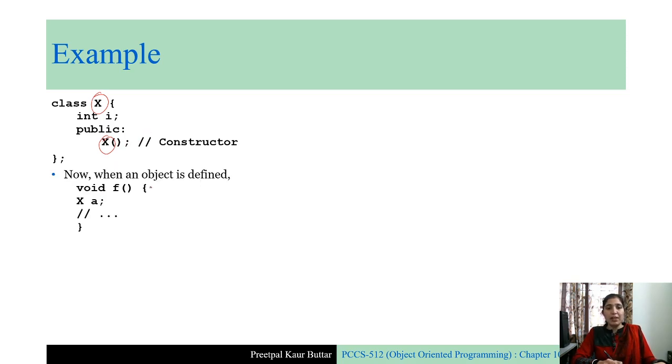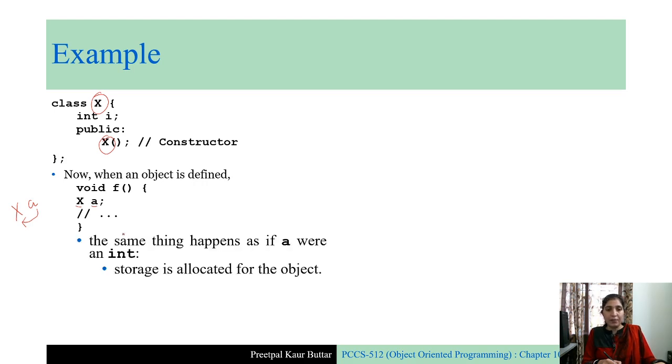And when you create an object inside this void f, what is void f? Void f is a function, and inside this function what are we doing? We are writing X a. So X a means we are creating an object a of class X. Then what will happen? When you are creating an object of a class, the constructor will be called automatically.